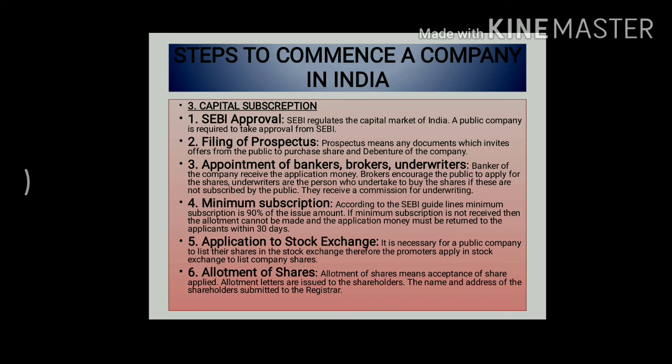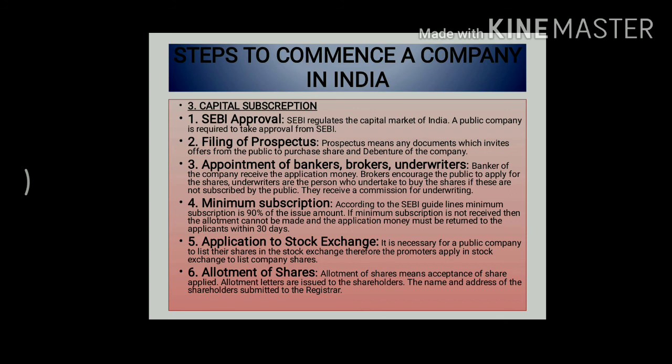Then after receiving the subscription, that is applications of 90% plus, the promoters go with these applications to the stock market and even to the registrar, showing the registrar that they have received the minimum applications that are required.